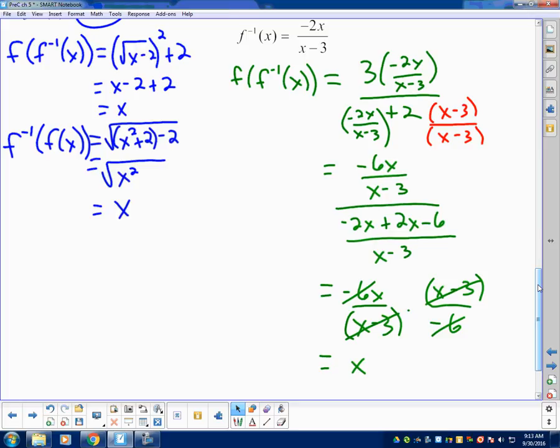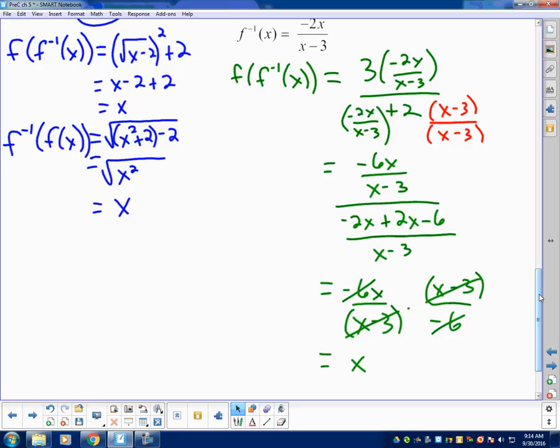Let me leave that up there for a moment so you can finish copying it. Then right next to it, let's go the other direction. I'll let you get started on it if you're ready. I don't have room next to it, so I'm going to do it underneath.